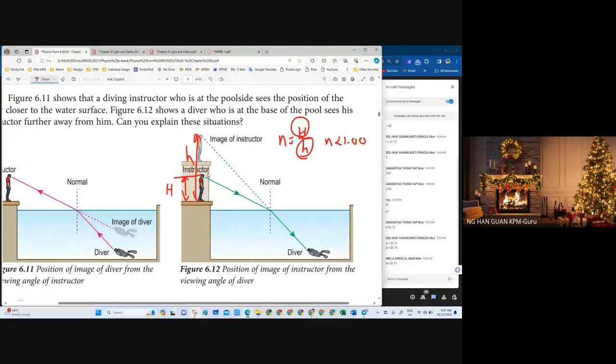The apparent depth, which is the height of the image, will be bigger than the height of the object. So our refractive index will be less than 1.00. Why? Because what we calculate here is the refractive index of air over the refractive index of water. So that's why it's 1 over 1.33.